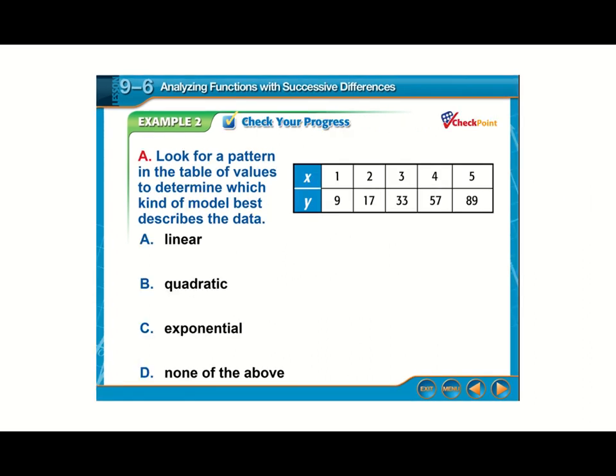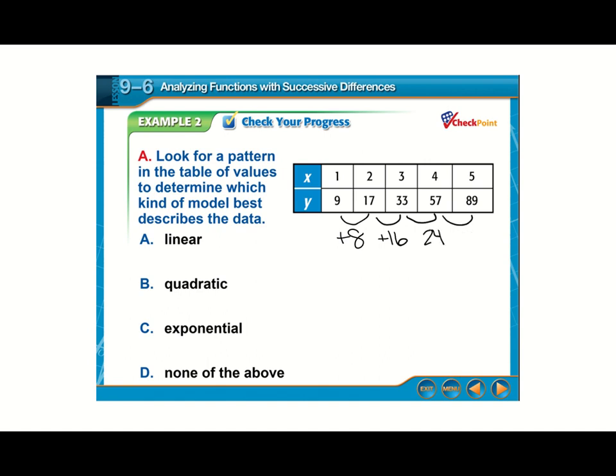Okay, so I know that this is a problem that generally you would do by yourself, but we haven't done one of these yet. So let's look at it. From 9 to 17, what are you doing? You're going up 8. From 17 to 33, you're going up 16. From 33 to 57, you're going up 24.